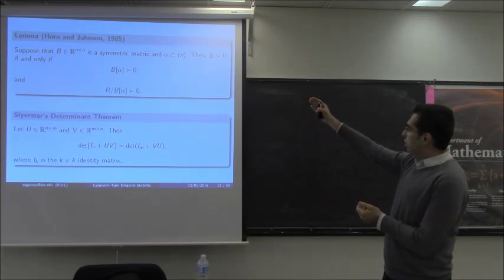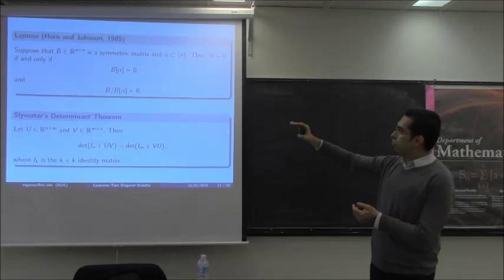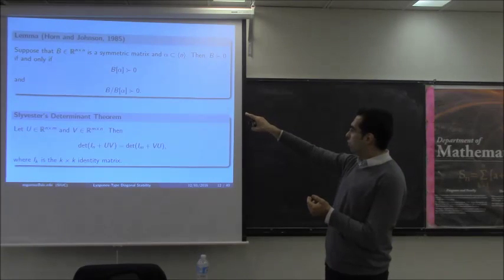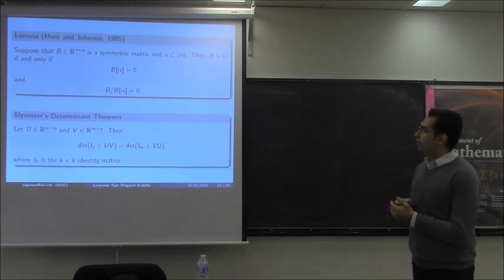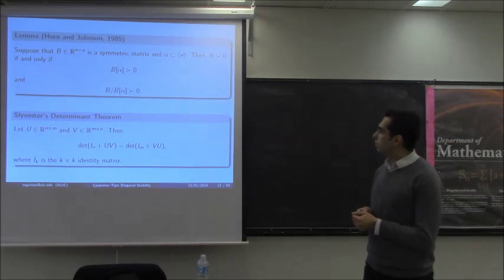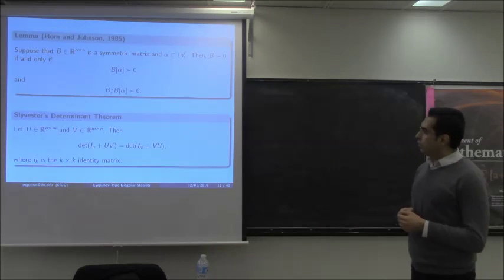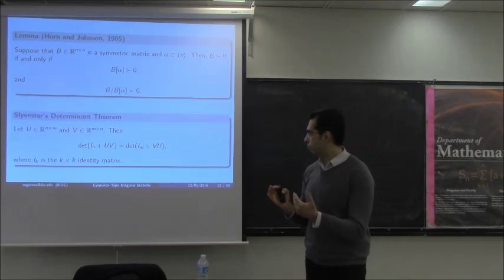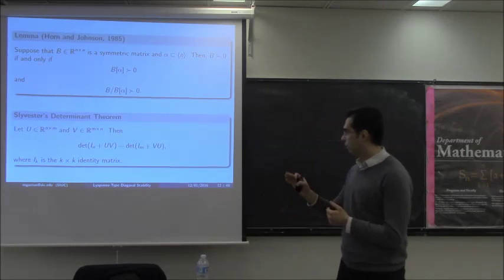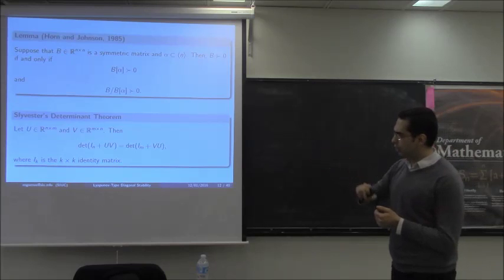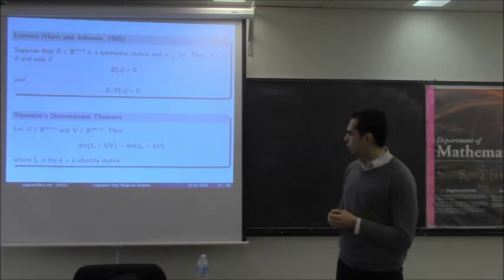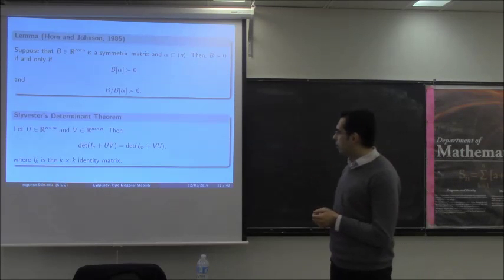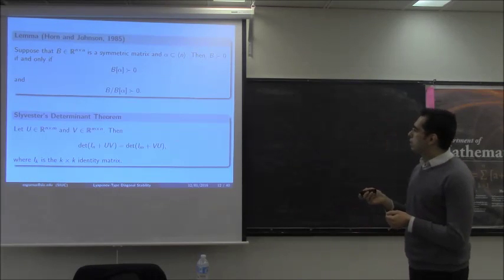A symmetric matrix B is positive definite if and only if the submatrix B alpha is positive definite, and also the Schur complement of B alpha in B is positive definite. The other one is the Sylvester determinant theorem. If we have two matrices U and V such that the multiplications are well defined, then the determinant of I_m plus UV is equal to the determinant of I_n plus VU. These I's are the identity matrices of the given order.